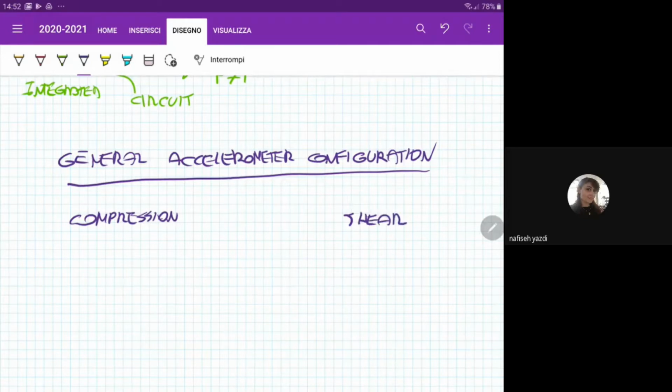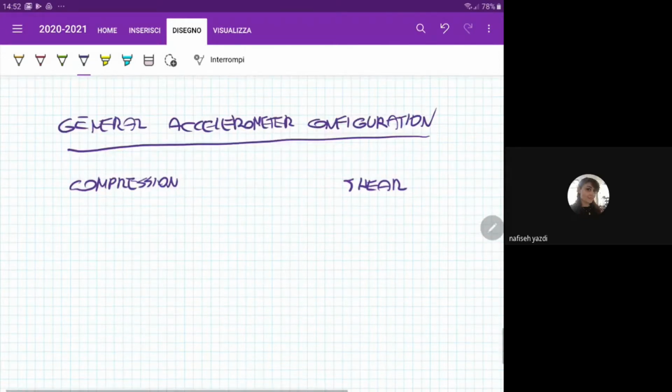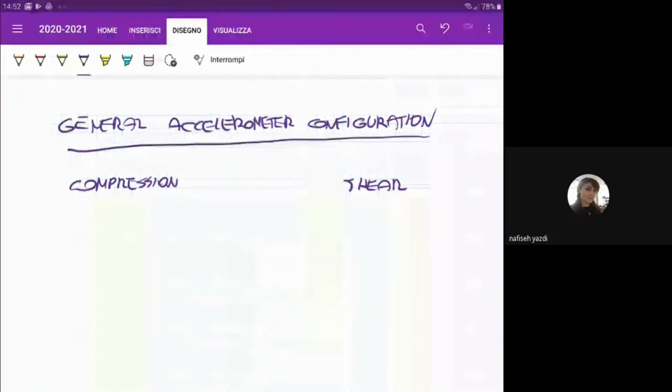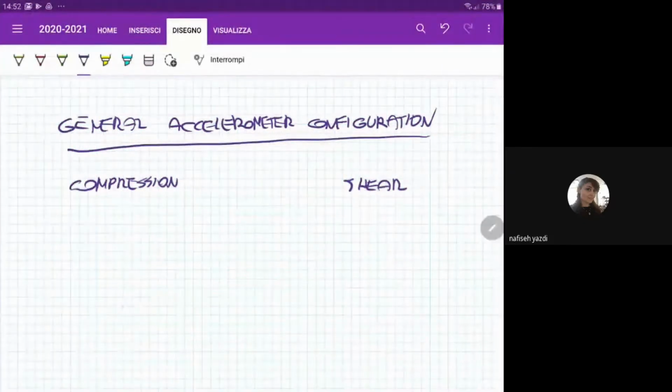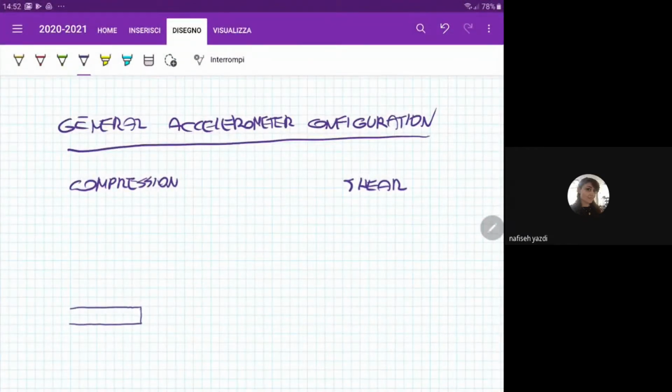Two main configurations. Let's see first the compression one. The compression one is composed by, let's say, a base. To this base, the PZT is attached.